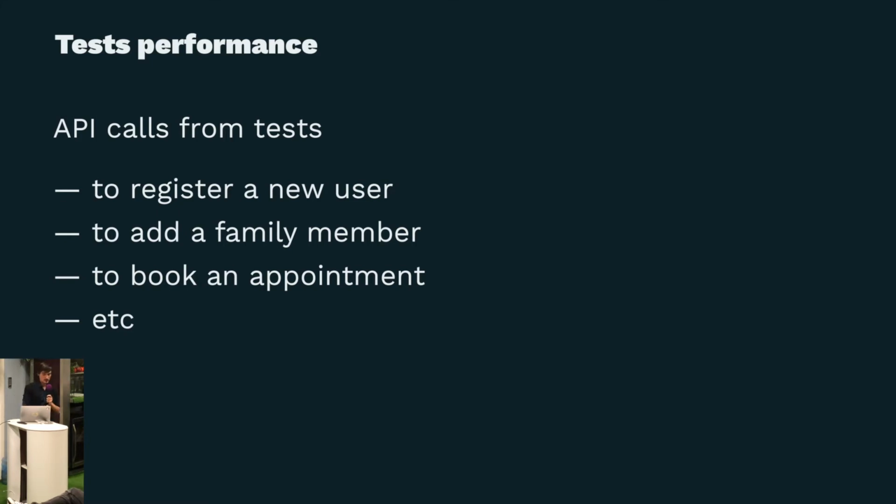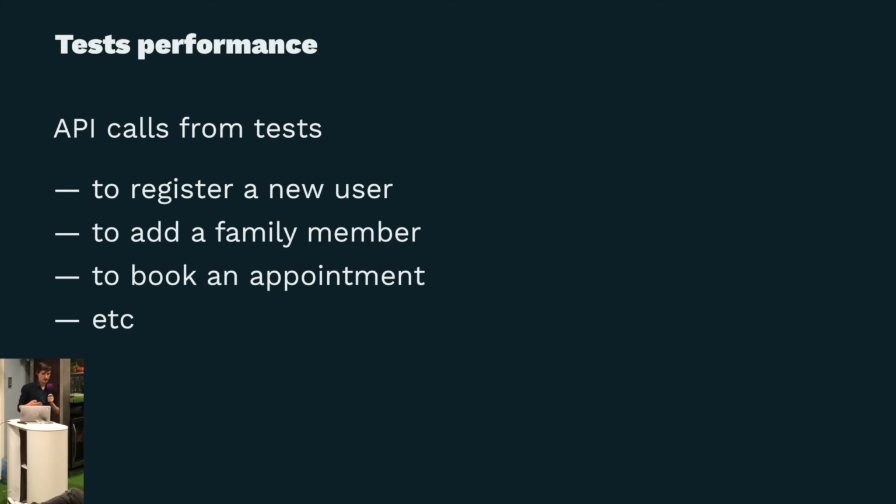In other cases, when we have all these repeated steps, for example, to book an appointment, or to register a user, instead what we can do, and we actually already do it for authentication, is that we can do some API calls from the test process, from the test itself, for example, to register a user. And then we use these credentials to enter them in a login form.